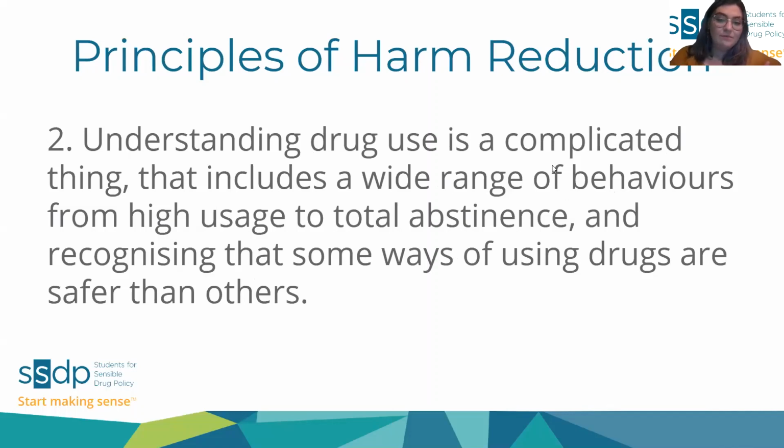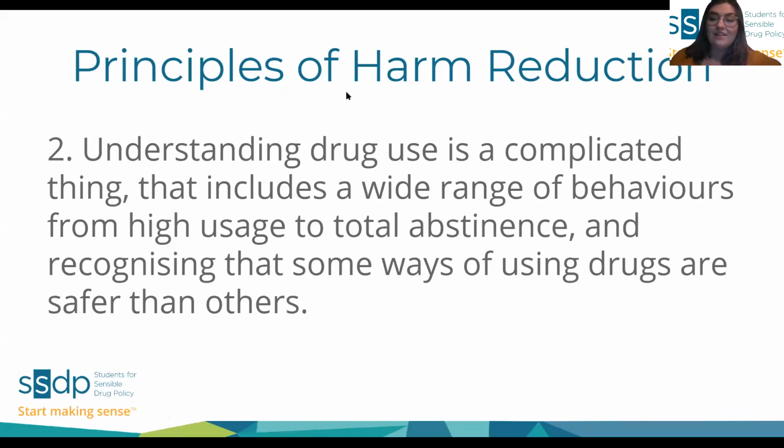So the second principle is understanding drug use is a complicated thing that includes a wide range of behaviors from high usage to total abstinence, and recognizing that some ways of using drugs are safer than others.